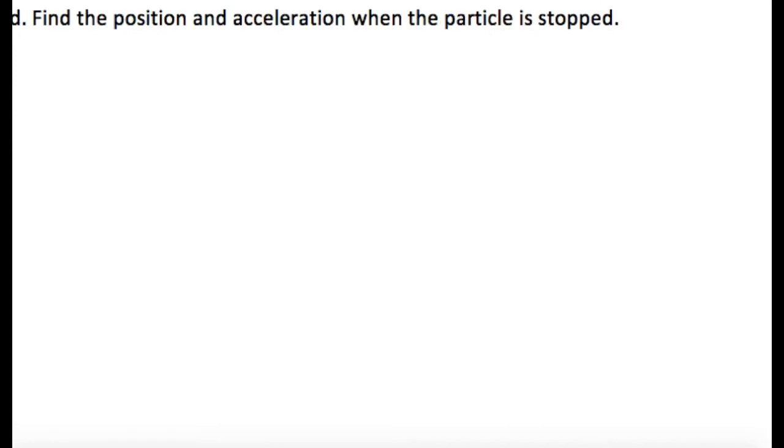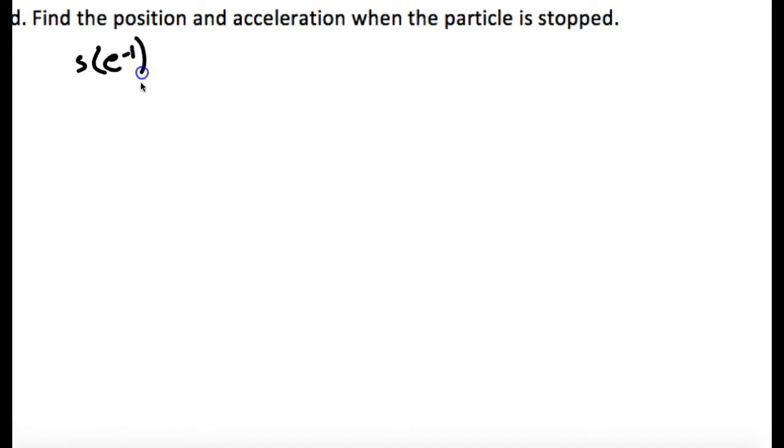All right, so you guys take a minute and try D here. So find the position and acceleration when the particle is stopped. So what I want to do is plug in 1 over e. Actually, let's write it as e to the negative first.